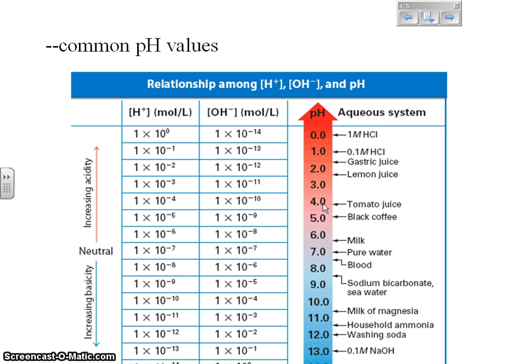All right. 3 would be 1 times 10 to the negative 3, etc., etc. A pH of 0 is hydrochloric acid. It is all H positive with no OH negative. And down here where you can't see, that's a 14, right in here below the 13. And that is 1 mole of NaOH, which is sodium hydroxide. Okay?